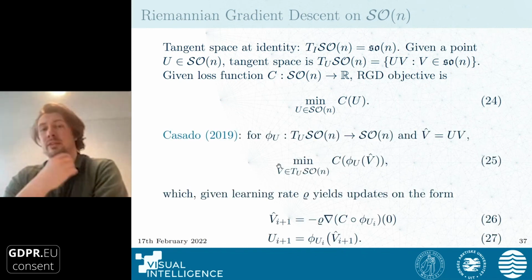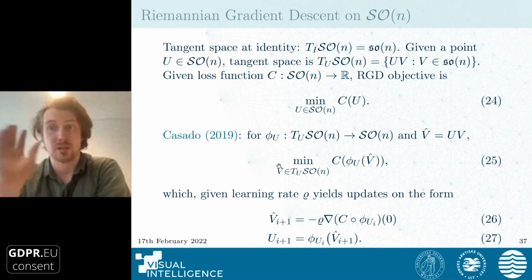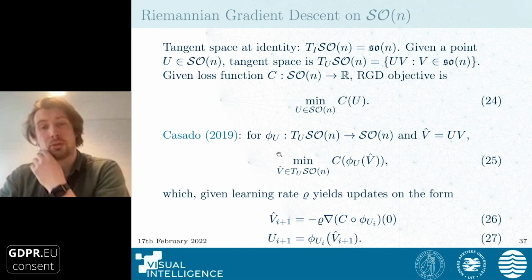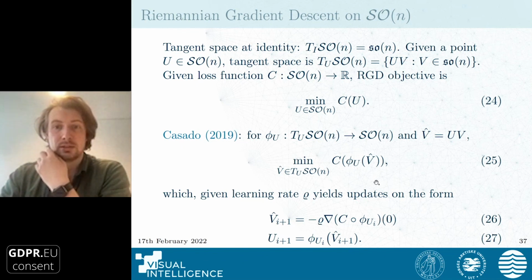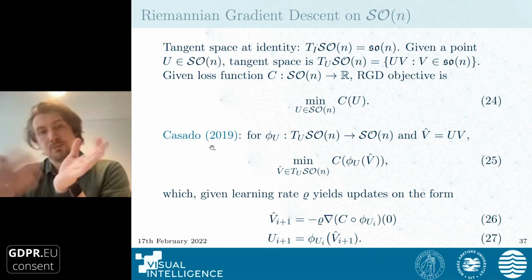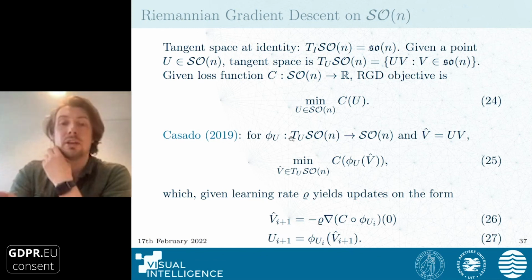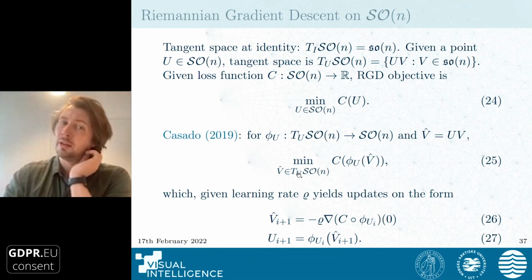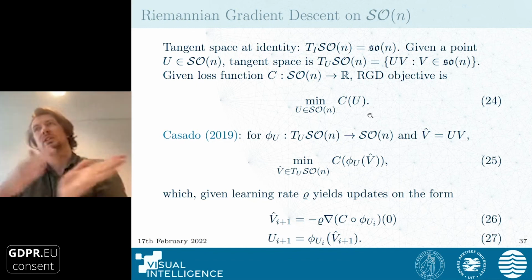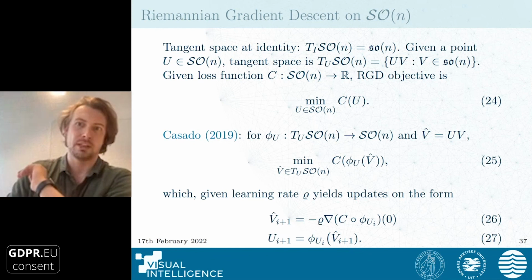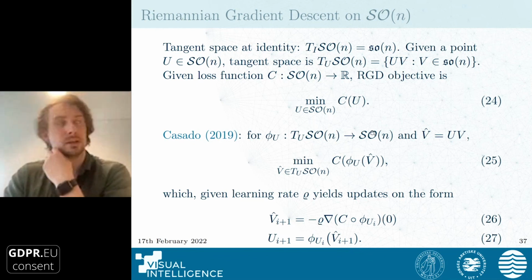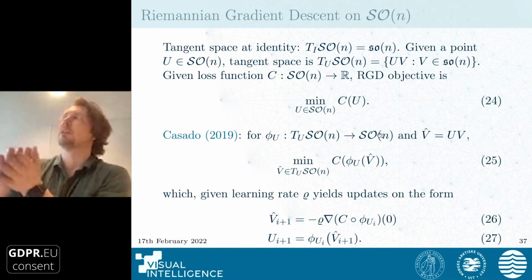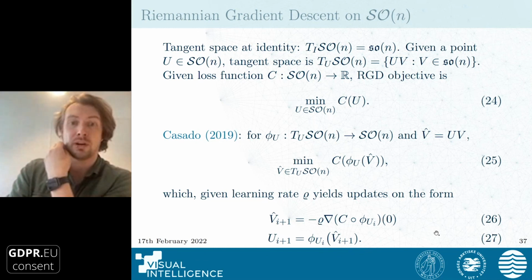However, Casado showed that using trivializations or retractions, or a mix of both, we can change this objective, or it's equivalent to this alternate objective, where instead of optimizing over the special orthogonal group, we optimize over the tangent space, and the tangent space is this shifted set of skew symmetric matrices, the skew symmetric matrices that are multiplied by the point that we're at.